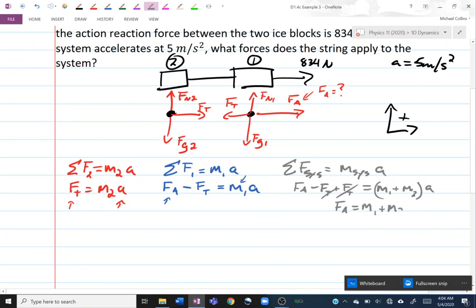So my applied force in this case is going to be 2,500 newtons. And I think that was the last example.